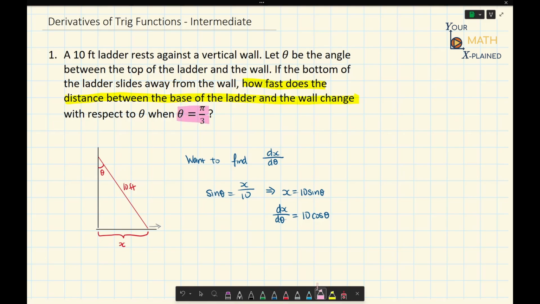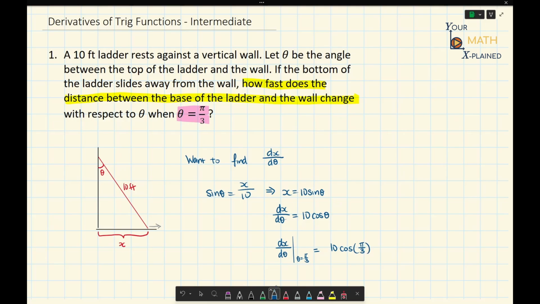So that means the only thing left to do now is to substitute in the value pi over 3 into theta. And notation-wise, we would write this as dx d theta evaluated at theta is equal to pi over 3. So this is going to be equal to 10 times cosine of pi over 3.